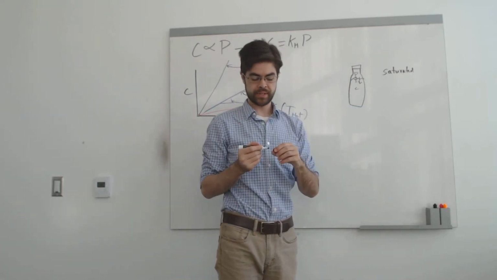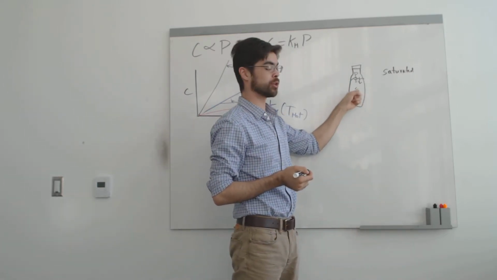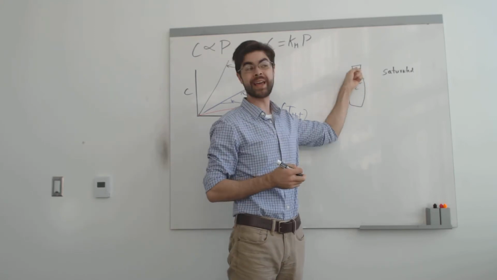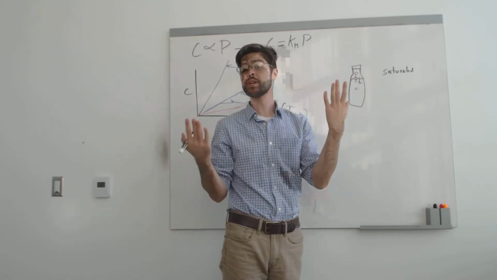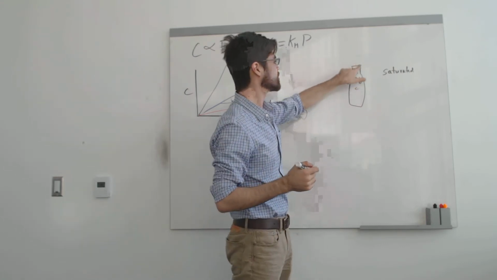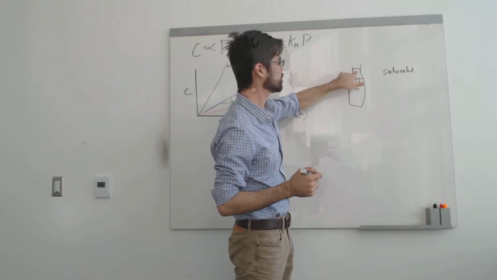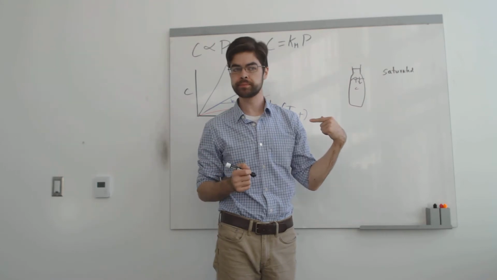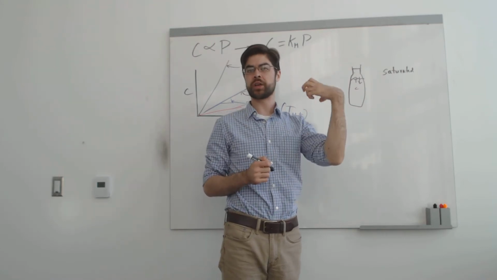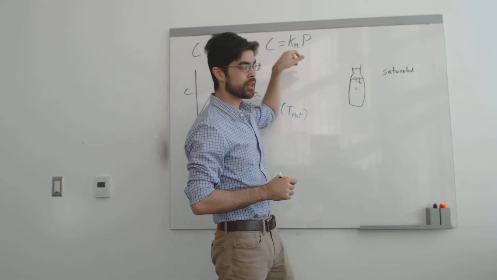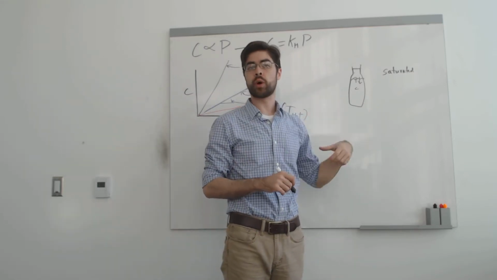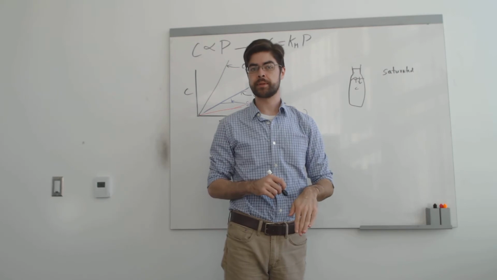Because I've already pumped in as much CO2 as I possibly could into the system for a given pressure of CO2. As soon as I open it, all of a sudden that pressure drops precipitously, which means that the preferred solubility of the CO2 in the water suddenly drops.